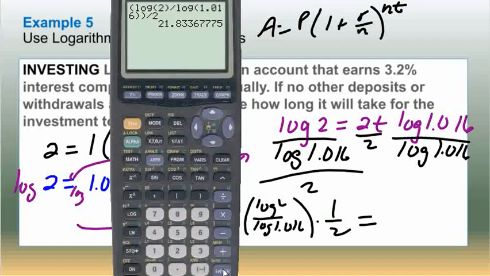That will give us 21.83. So 21.83 years is when Lorenzo's investment would double.